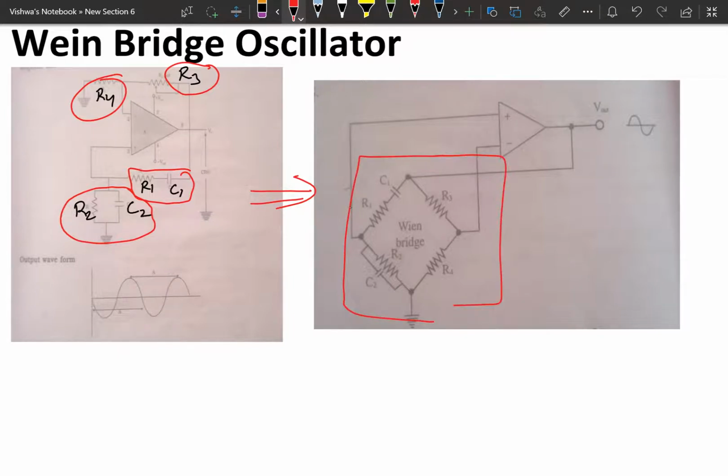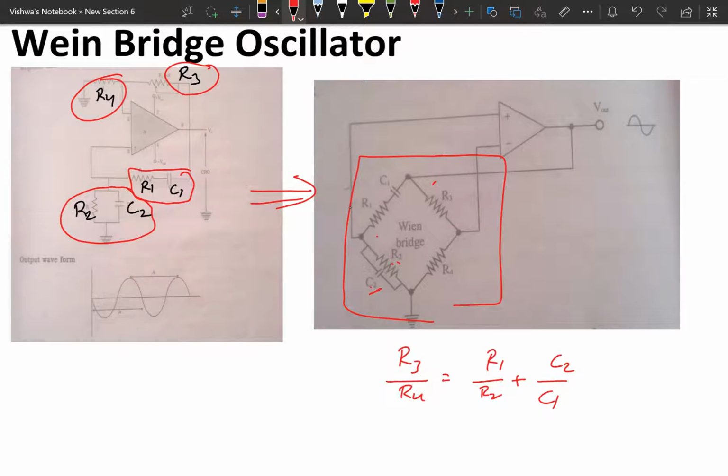In one arm there is a series RC network. In the adjacent arm there is a parallel RC network, so resistor and capacitor in parallel. In another arm there are two resistors R3 and R4. This Wien-Bridge oscillator is said to be balanced when R3 by R4 is equal to R1 by R2 plus C2 by C1.